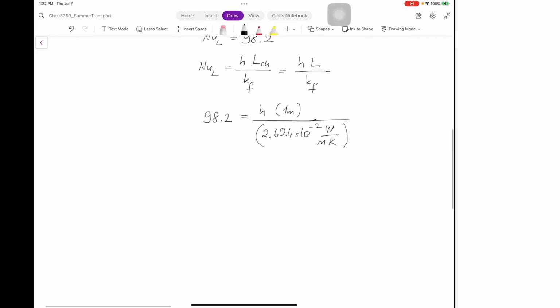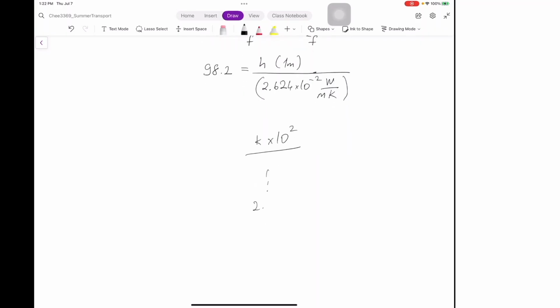In the book, it says conductivity times 10 to 2 is given as 2.624. That's why you need to multiply it by 10 to negative 2 to make it K. Page 731, Appendix I in the textbook.